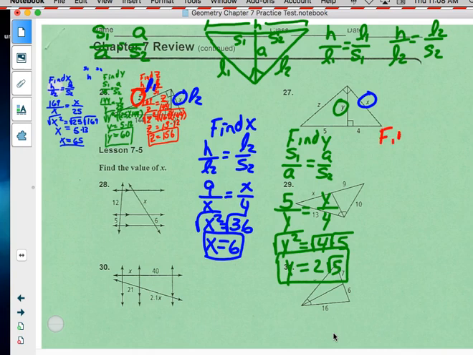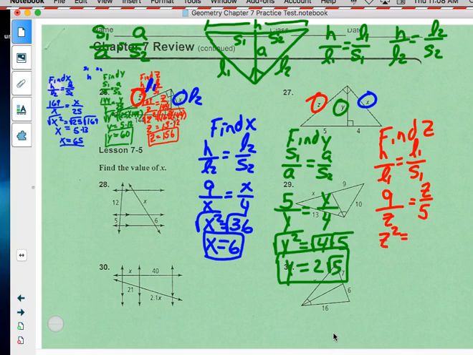Finding Z, which is L1, has me H, L1, L1, S1. So H is 9, L1 is Z. Z is equal to L1 again, so S1 is 5. So this is Z squared is equal to 45, but that's 9 times 5, and I take the square roots of those, and Z is equal to 3 the square root of 5.